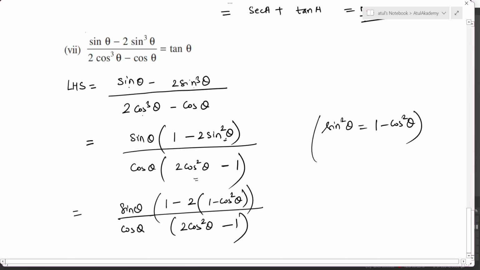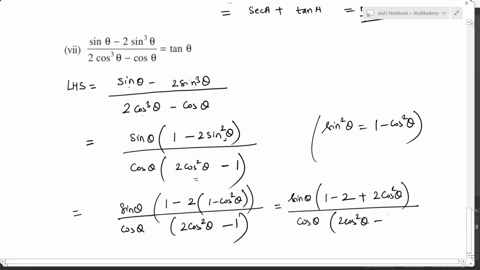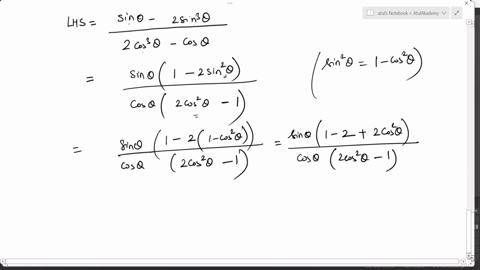Now, let's open the bracket. It will be sine theta times 1 minus 2; 2 into 1 is 2, then minus 2 into minus cos square theta will be plus 2 cos square theta, divided by cos theta times 2 cos square theta minus 1. 1 minus 2 is minus 1.